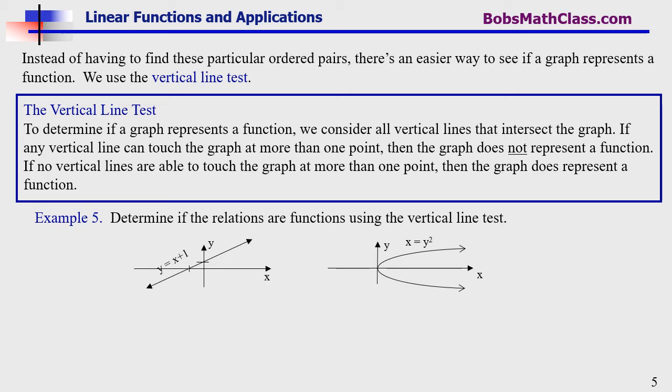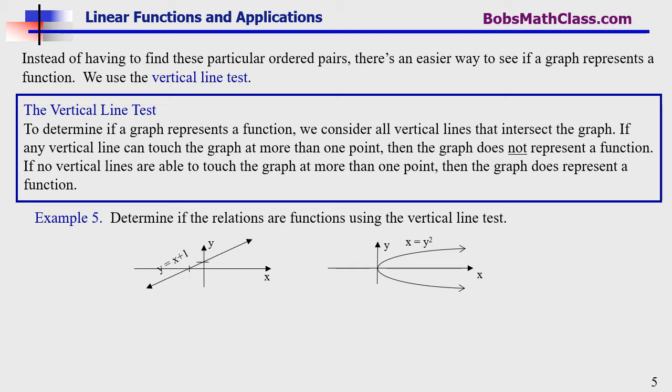Okay, so a vertical line can only touch it at one point. If it touches it at more than one point, it's not a function. So here's our two relations that we've been discussing graphically. They're both infinite. The one on the left is y equals x plus 1.